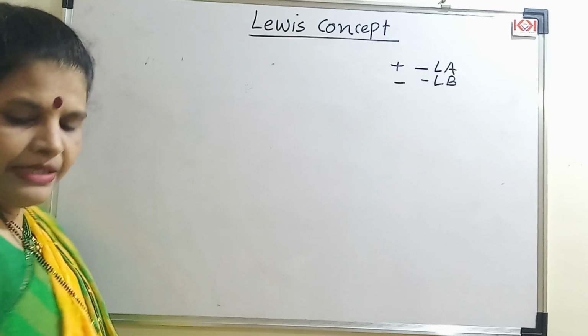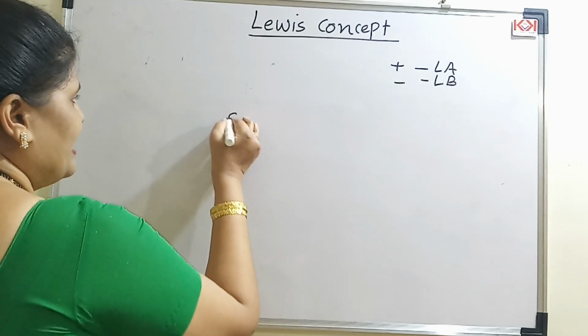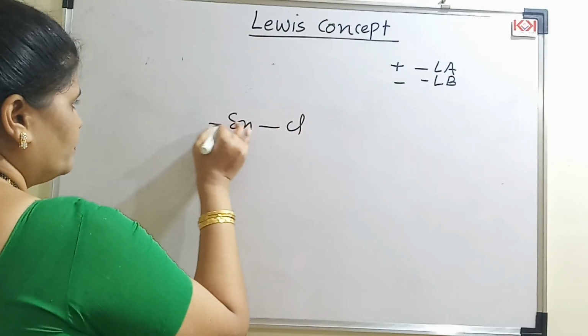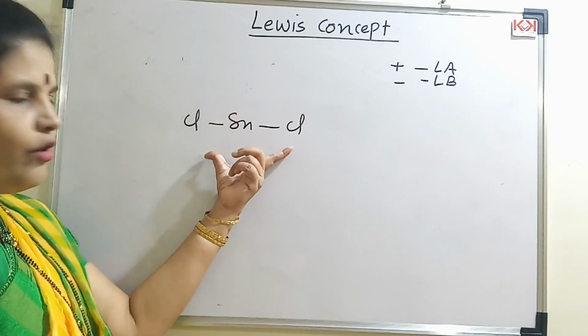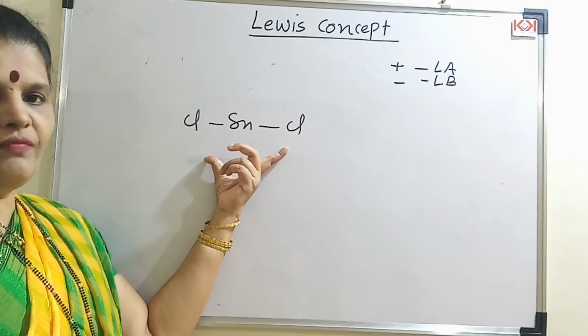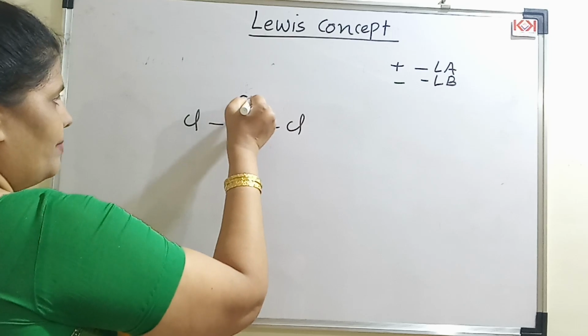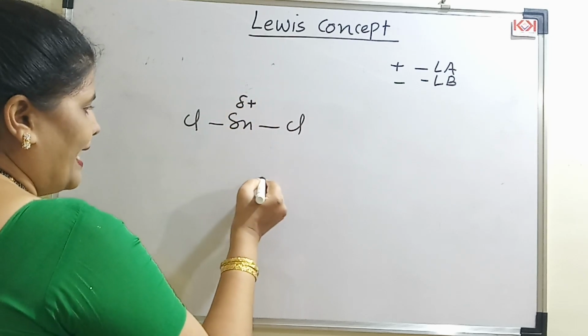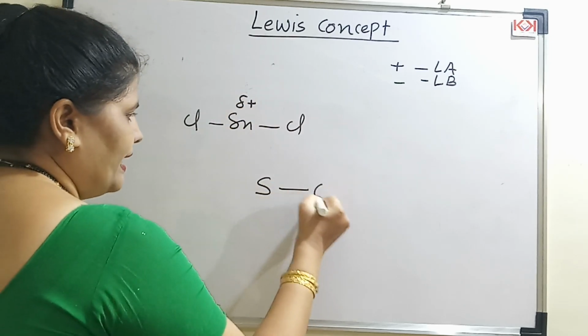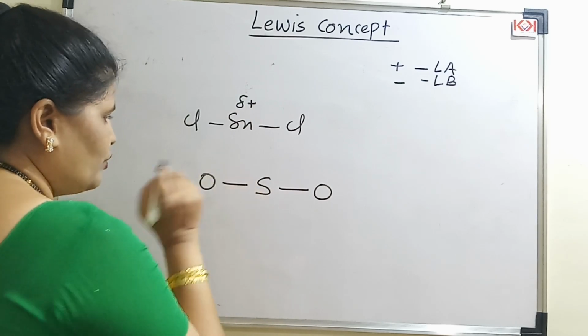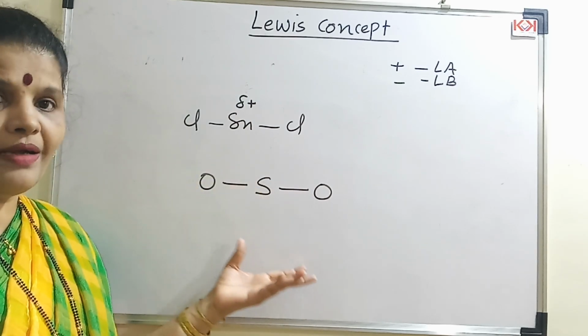Few more examples I will take. Say for example SnCl2. Chlorine on both sides is electron withdrawing, making this delta positive. If I go for SO2, I am not talking about the actual structure, I am only talking about the rough skeleton.